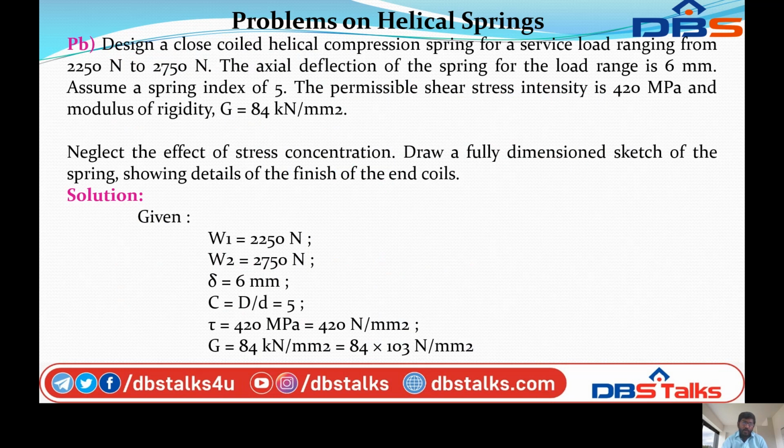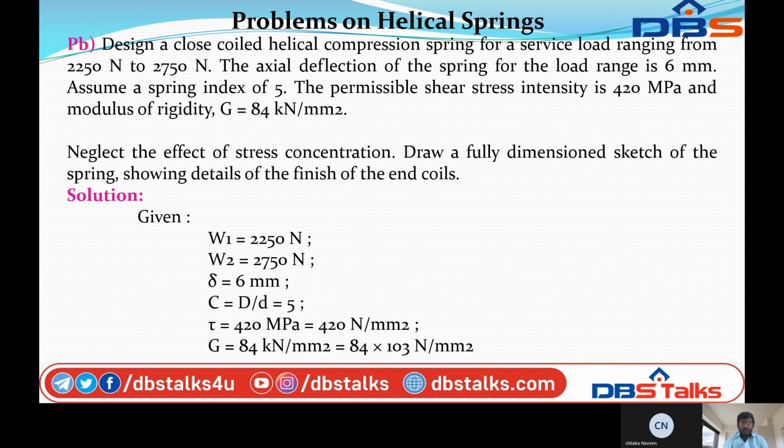Design a closed coil helical compression spring for a service load ranging from 2250 newtons to 2750 newtons. The axial deflection of the spring for the load range is 6 mm. Assume a spring index of 5.